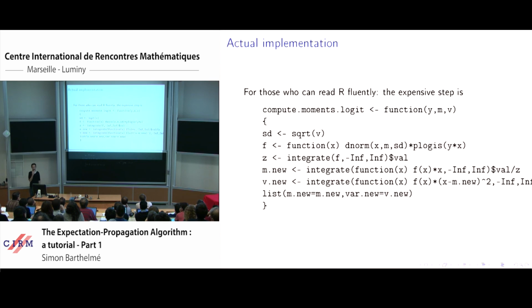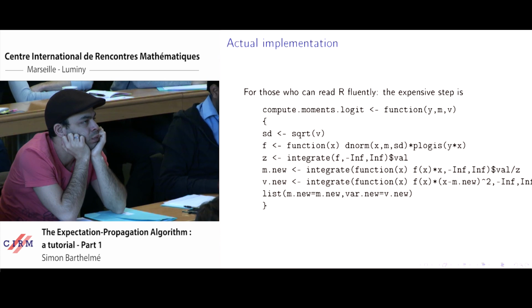If you want to compute the moments, what you do is you write a function called compute moments logit. It takes an outcome y, a mean and a variance of a Gaussian. You declare a function that takes the product of a Gaussian times a logistic.